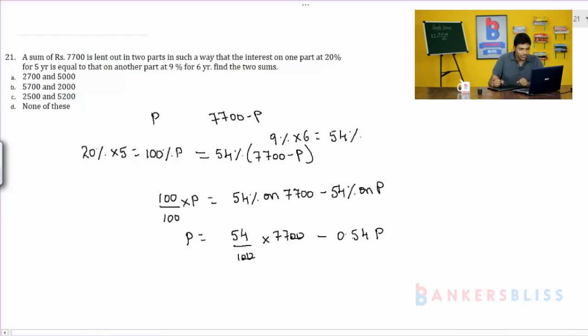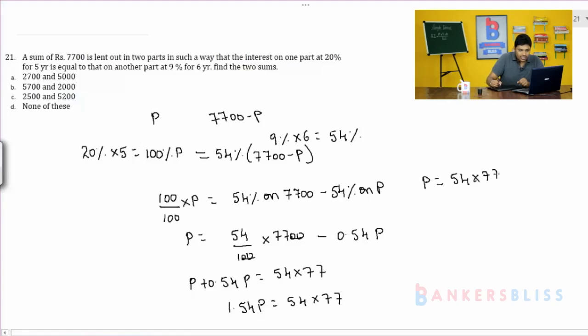So, bringing minus 0.54 P towards the left, you will get plus 0.54 P. P plus 0.54 P, 1.54 P is equal to 54 into 77. So, P is equal to 54 into 77 divided by 1.54.